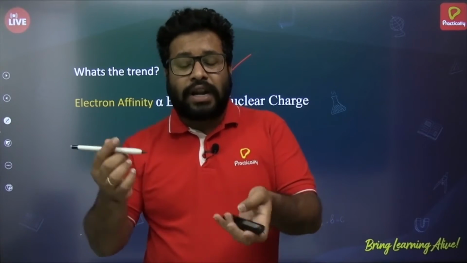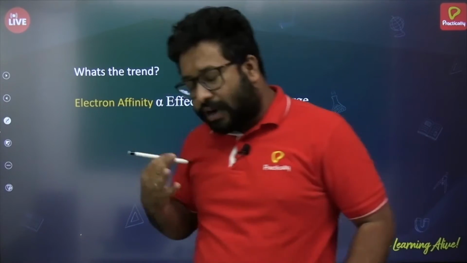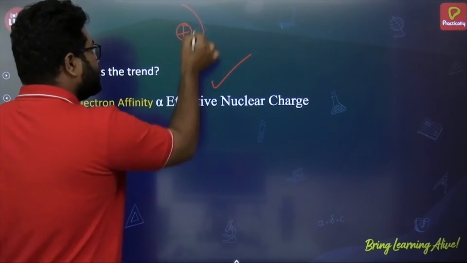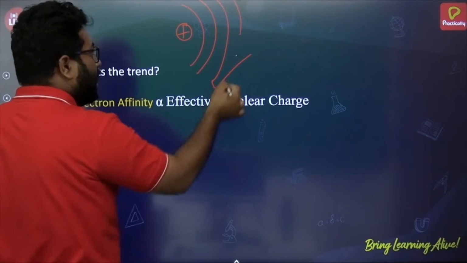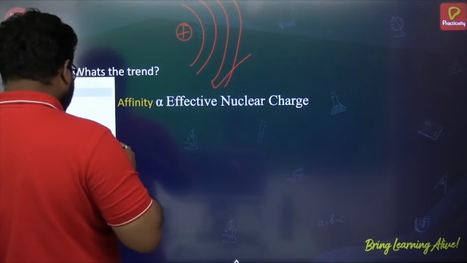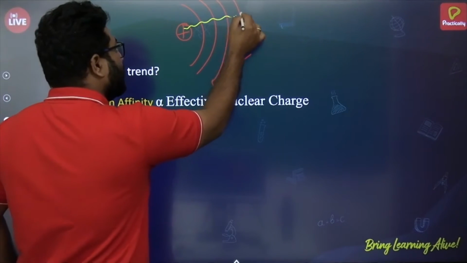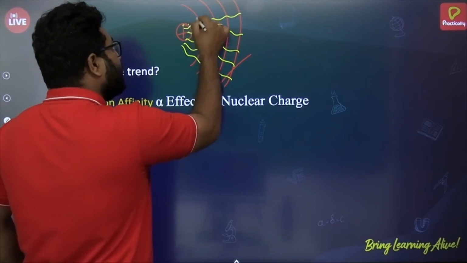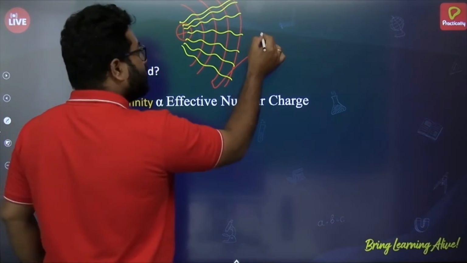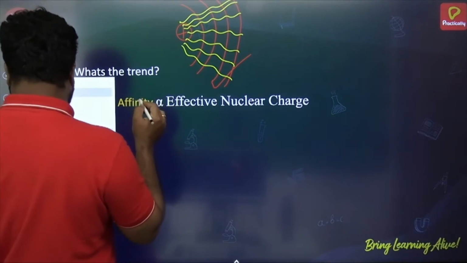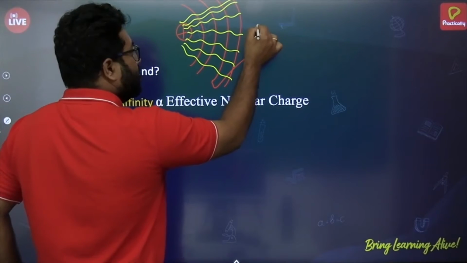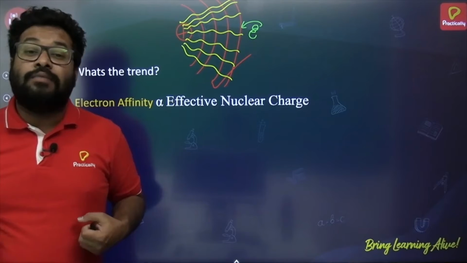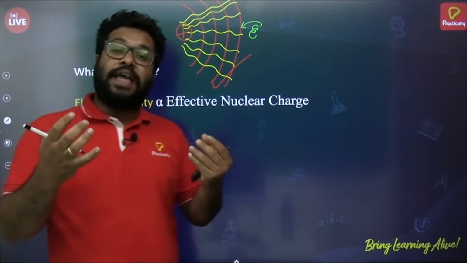Because whenever you are adding electron into the system, suppose this is your system, positive charge, these are your shells, and the nuclear charge is generally spread like this till the last shell. So whenever you're adding a new electron into the system, that electron is getting attracted strongly by the nuclear charge released by the nucleus.